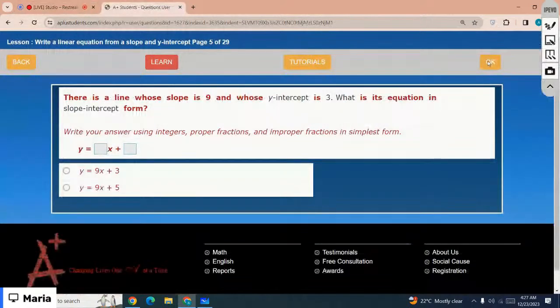There is a line whose slope is 9 and whose y-intercept is 3. What is its equation in slope-intercept form? So which is the correct option?